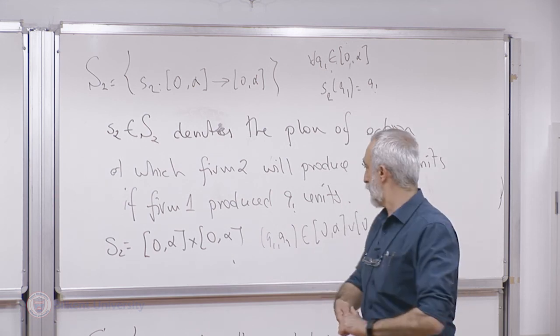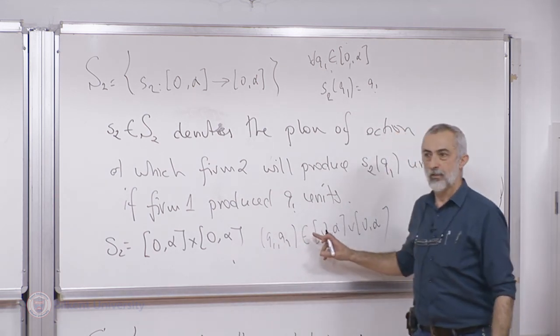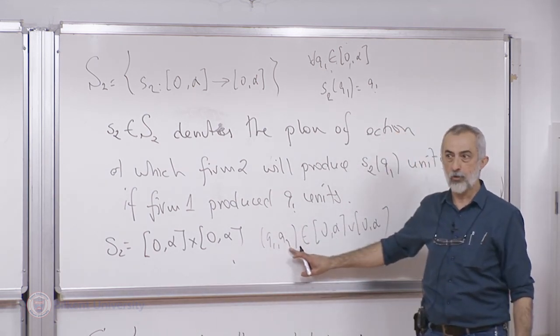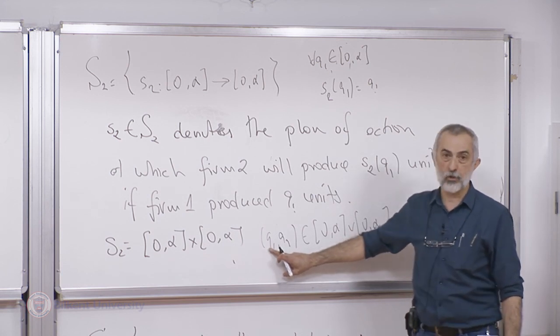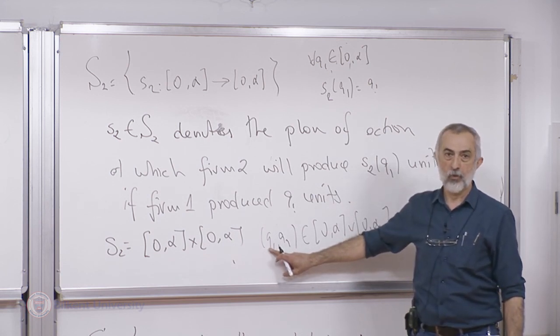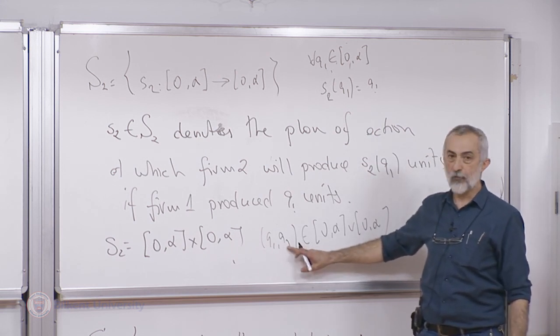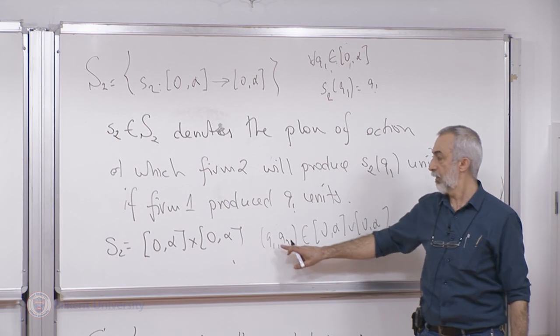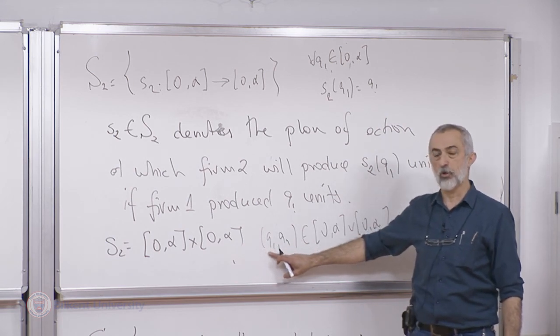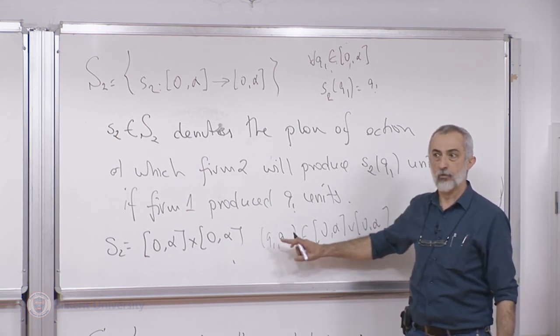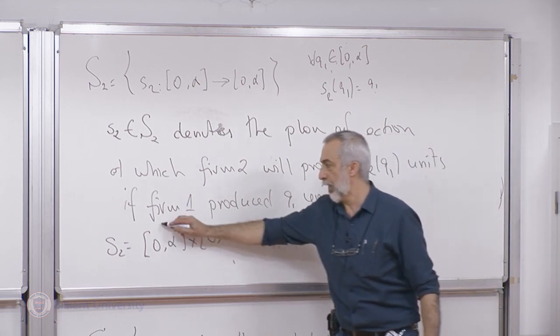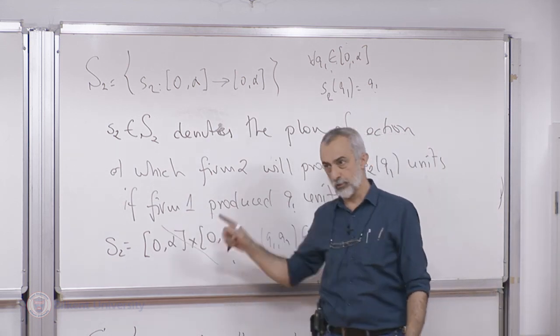Exactly. So you see, this single element tells what firm 2 will do for only this action of firm 1. This is not a complete plan of action. It's a plan of action when firm 1 has produced Q1. That's why this will not work. It's getting close there.